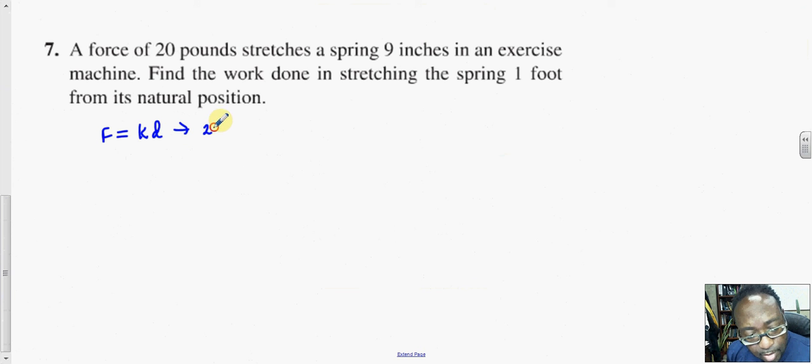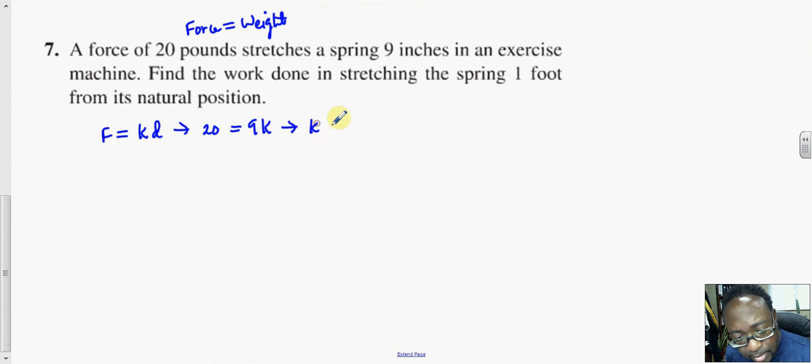That is 20 pounds. You know, pounds being a force is also weight. So force is equal to weight. So here we have 20 is equal to 9 inches times k.